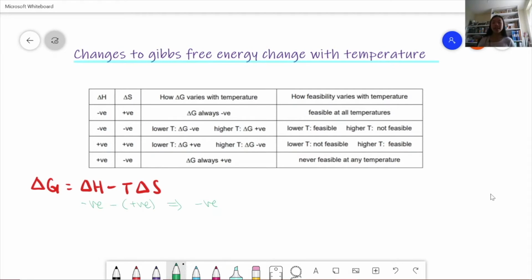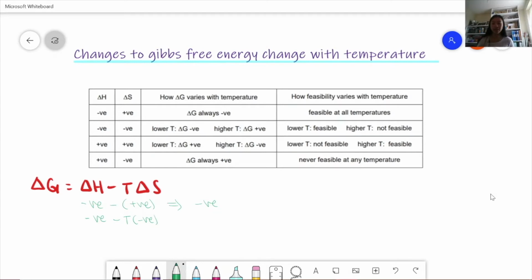And then for the second example, we have a negative delta H and a negative delta S. So we've got T and then a negative delta S. And this means that if we lower the temperature, then the delta G will be negative. But if we have a higher temperature, then the delta G will be positive.